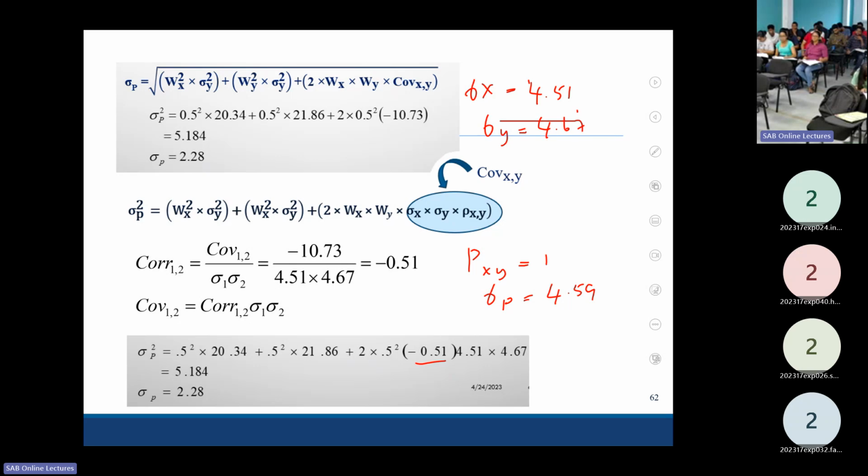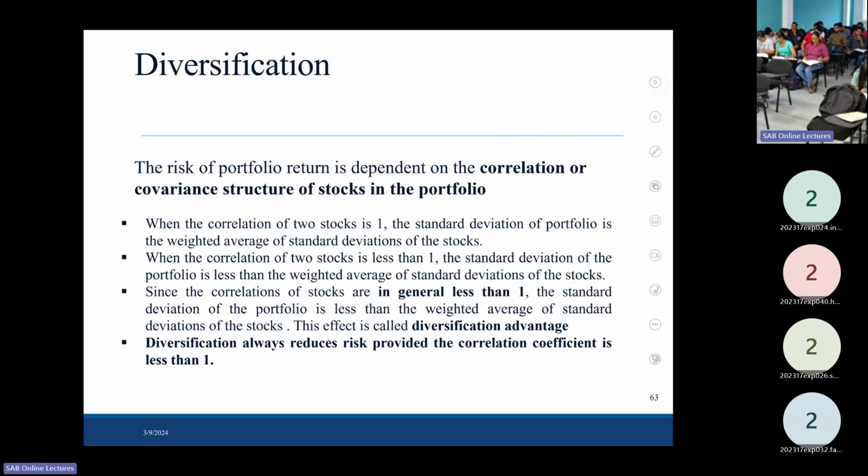Now go to the explanation. If correlation is positive one, perfectly positive, the standard deviation of the portfolio is equal to the weighted average standard deviation value. Now you realize it: formula value, same answer.